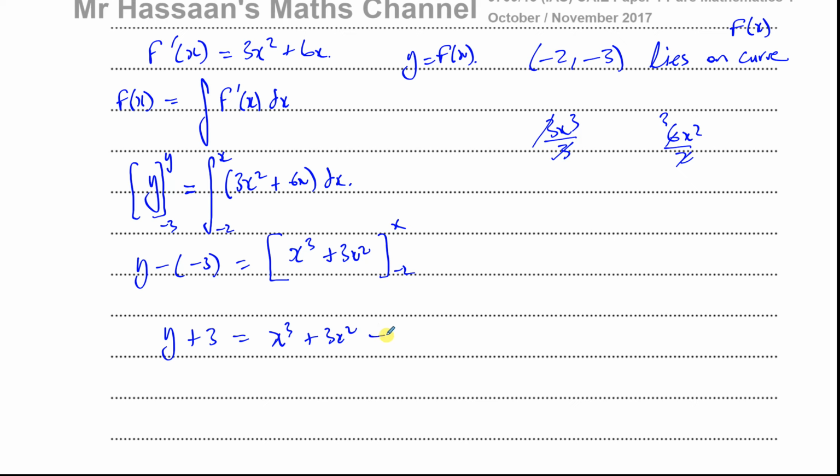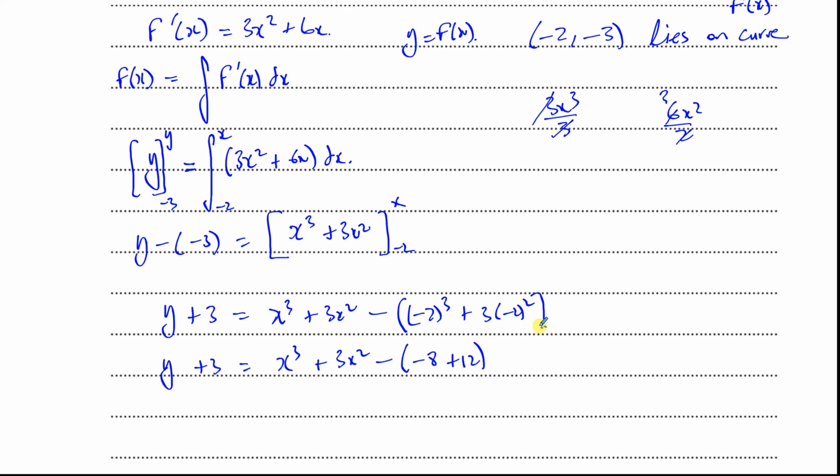I get when I put x in here, minus, and don't forget to bracket here, -2 cubed plus 3 times -2 squared. So this gives you x cubed plus 3x squared, and you've got y plus 3 here, and that's going to give you minus, and that's going to give you -8 plus 12, because that's 3 times 4, because -2 squared is 4.